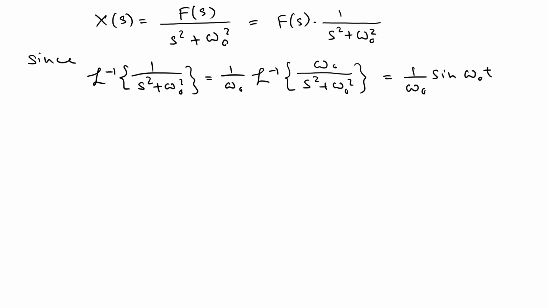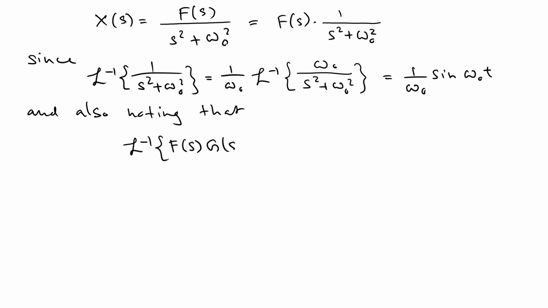And you can say, since the inverse Laplace transform of F(s)G(s) is simply f star g, by inverting, we have x(t) is simply the convolution product of the two functions, right?